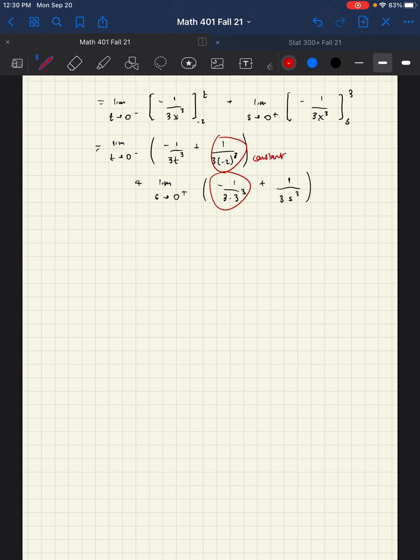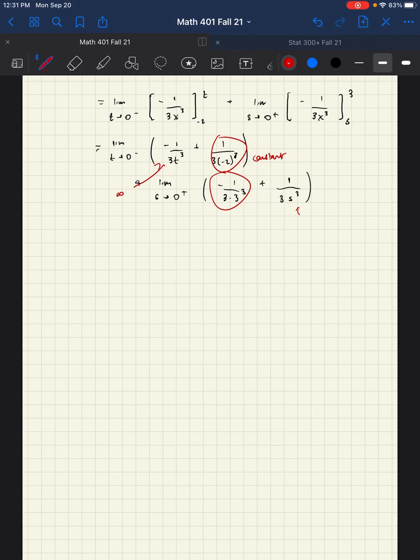Okay, here's the thing though. These are constants. This, however, blows up to infinity. What kind of infinity? Well, we're approaching 0 from the left, so it's negative, and then it cancels with the negative on top, so it actually becomes positive.